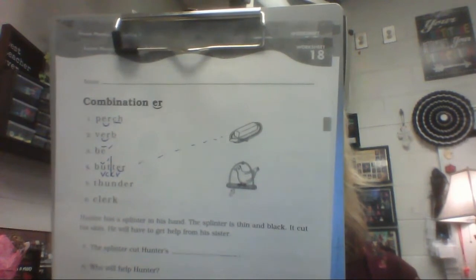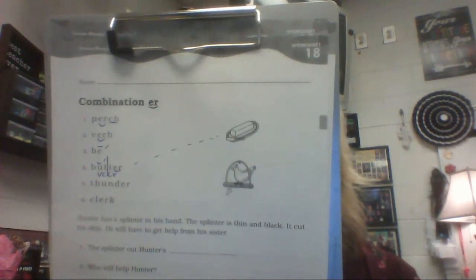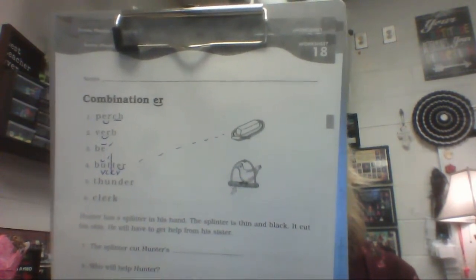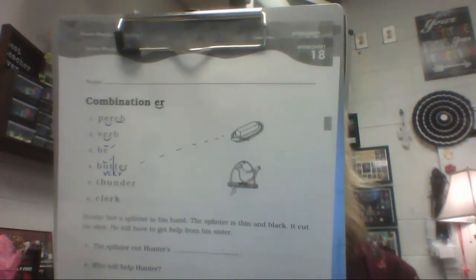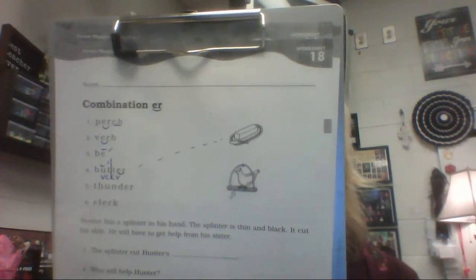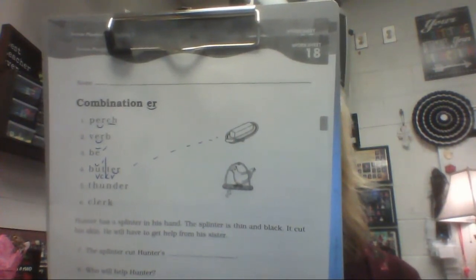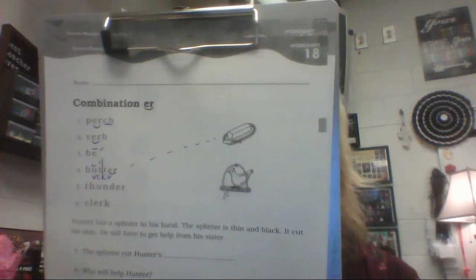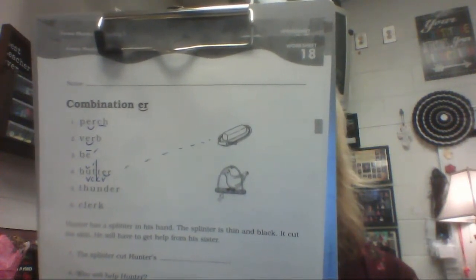All right, number 1, first word is perch. Second word is verb. Third word is bee. Fourth word is butter. Fifth word is thunder. And the sixth word is clerk.